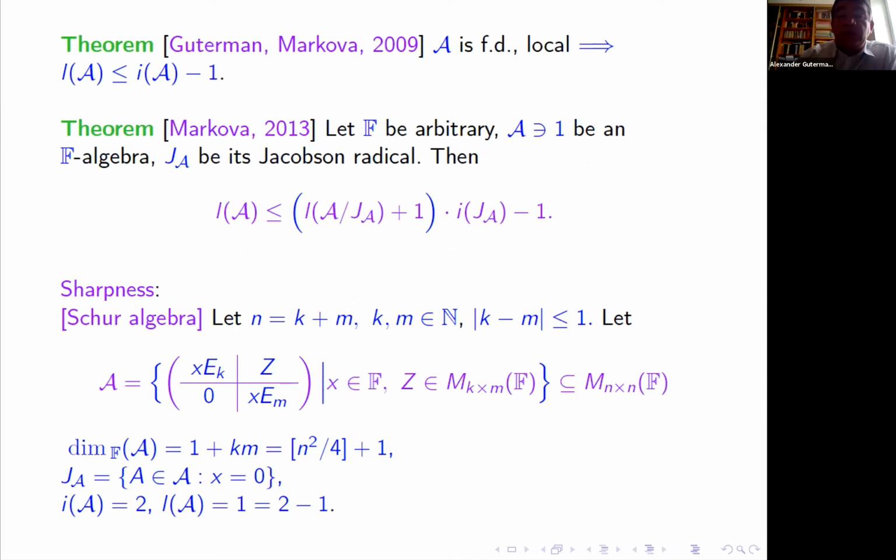Later on, it was Olga who proved a more general bound for an arbitrary algebra, with the previous bound, and exact, I mean, which is sharp. To see this, you need to consider the so-called Schur algebra, having such a block structure where these are identity matrices multiplied by x.